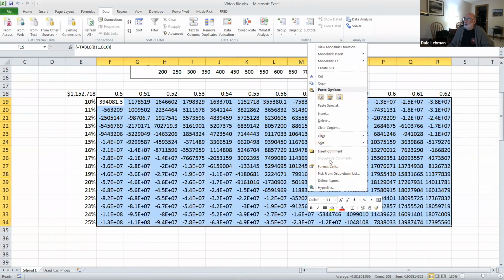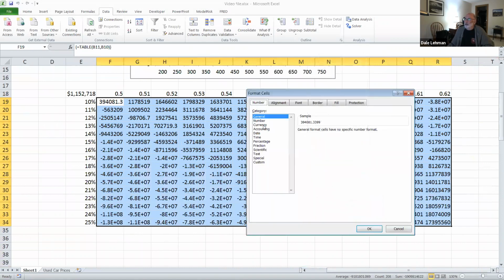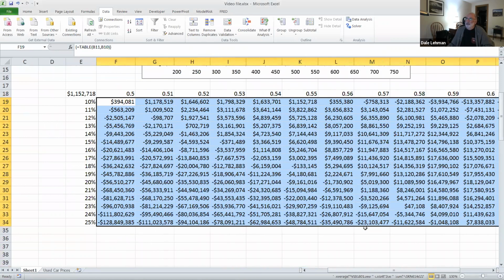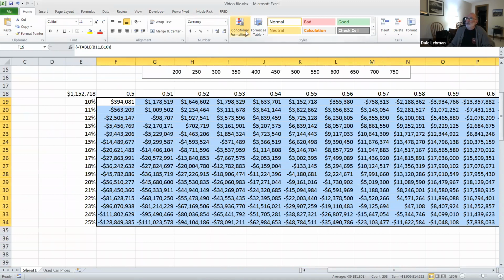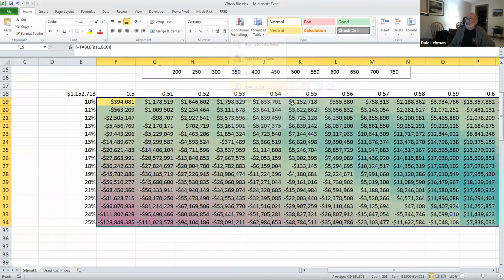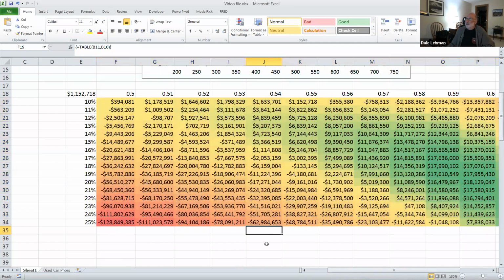First, I'm going to format those cells so that they are currency. And another nice thing to do is to use conditional formatting. Colors often don't work well, but they do here because it's natural to think of being in the red as losing money and green as making money.